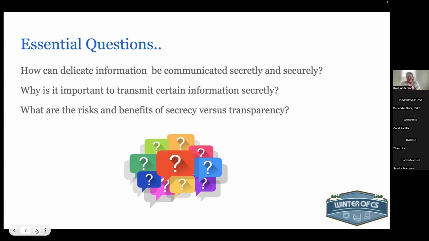Go ahead and unmute. Anyone? Awesome. Thanks, Carolyn. Yeah, private information. So secret would be something private. Transparency? What's transparency then?